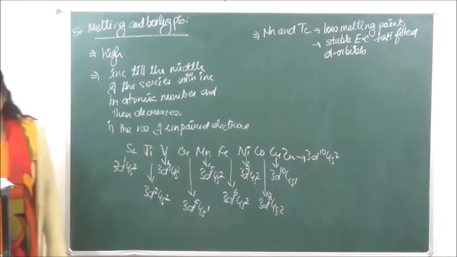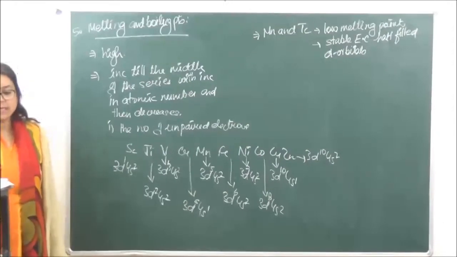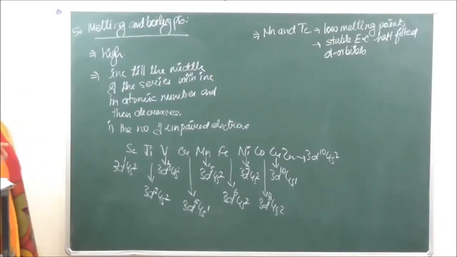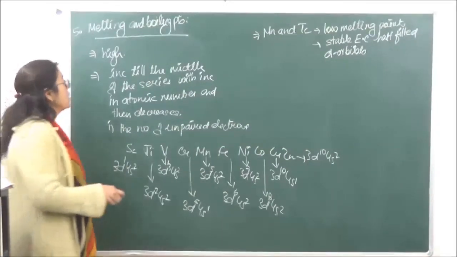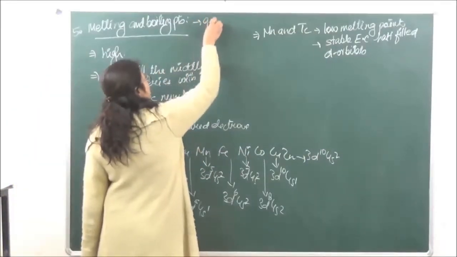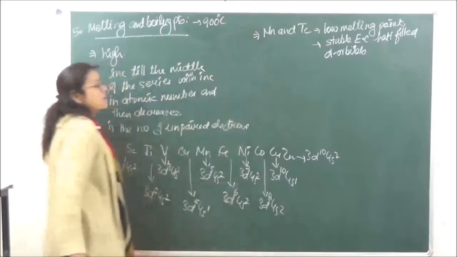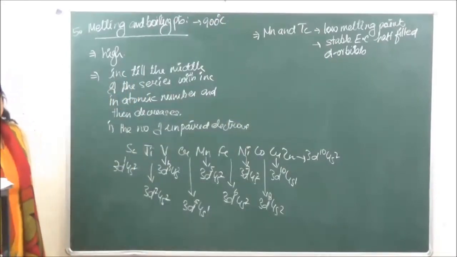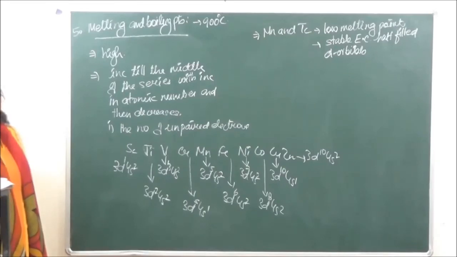Now melting points of most of the transition metals are above 900 degrees Celsius. So when we're talking of the melting points, most of the metals have melting points above 900 degrees Celsius, which is quite high. और tungsten का जो होता है, that has the highest.